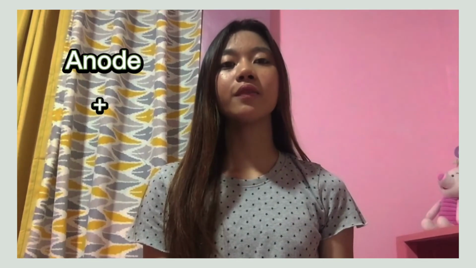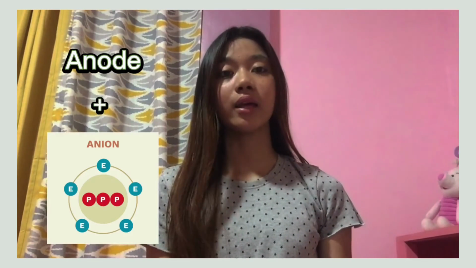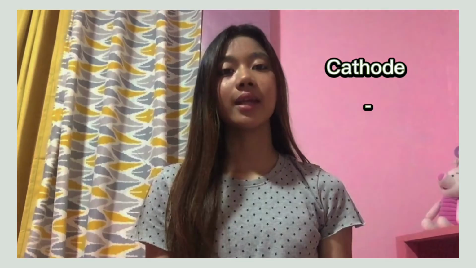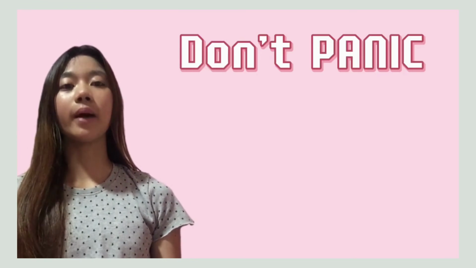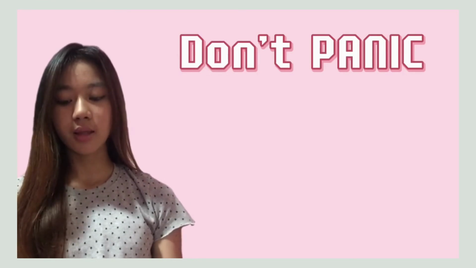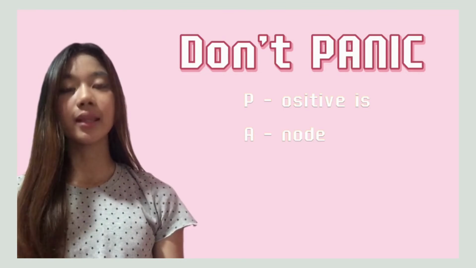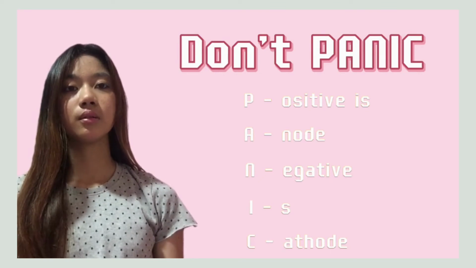Anode is a positive electrode which attracts anions, while cathode is a negative electrode which attracts cations. If it's hard for you to remember, just think of the words "don't panic," where PAN means positive is anode, negative is cathode.